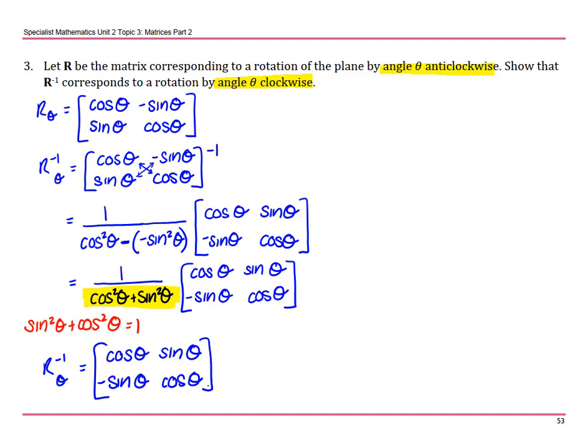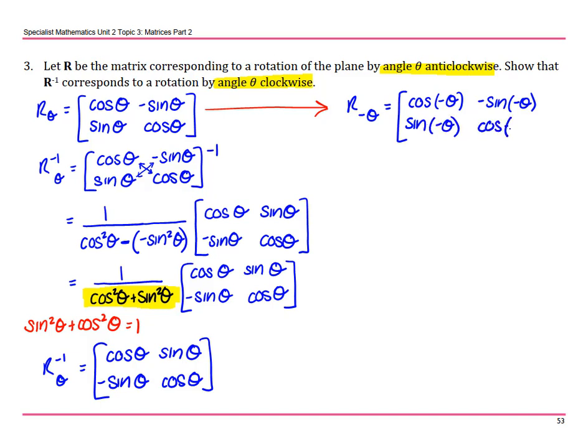So I found that. Now let's look at what our rotation would be in the negative direction. So that means we'd have cos of negative theta. So I'm using this same formula: cos of negative theta, negative sine of negative theta, sine of negative theta, cos of negative theta.